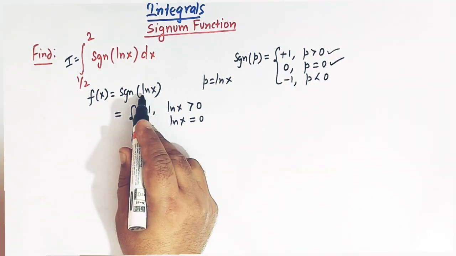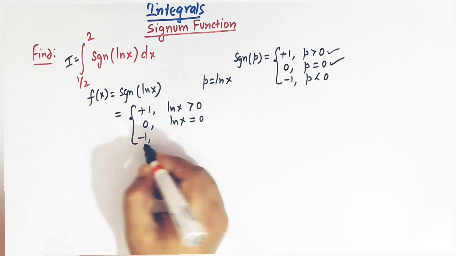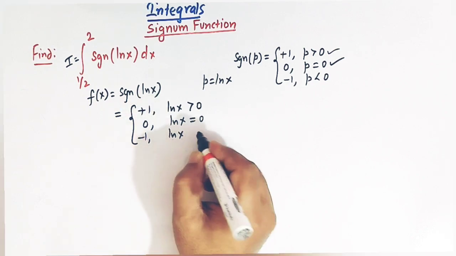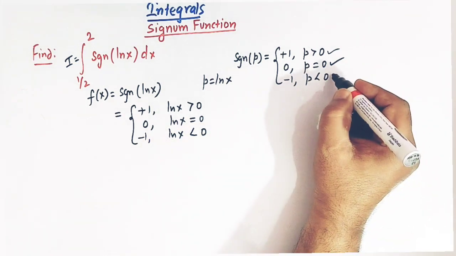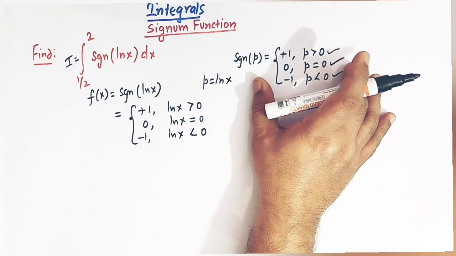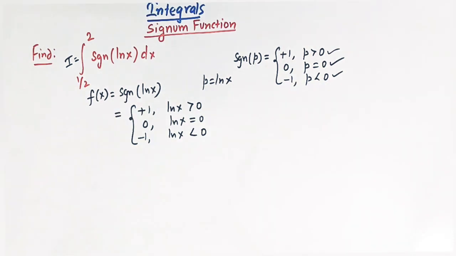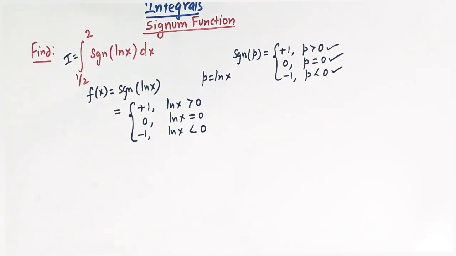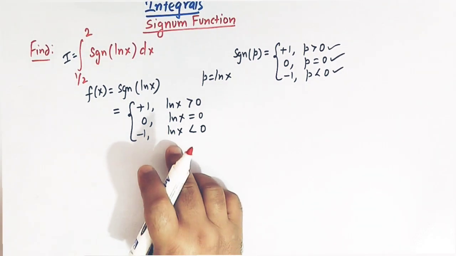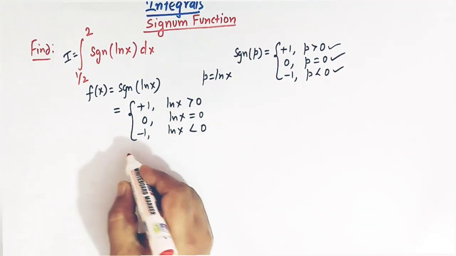And signum of log of x is negative 1 whenever log of x is less than 0. So we have followed this definition of signum function to define signum of log of x. Now let us extend this definition.